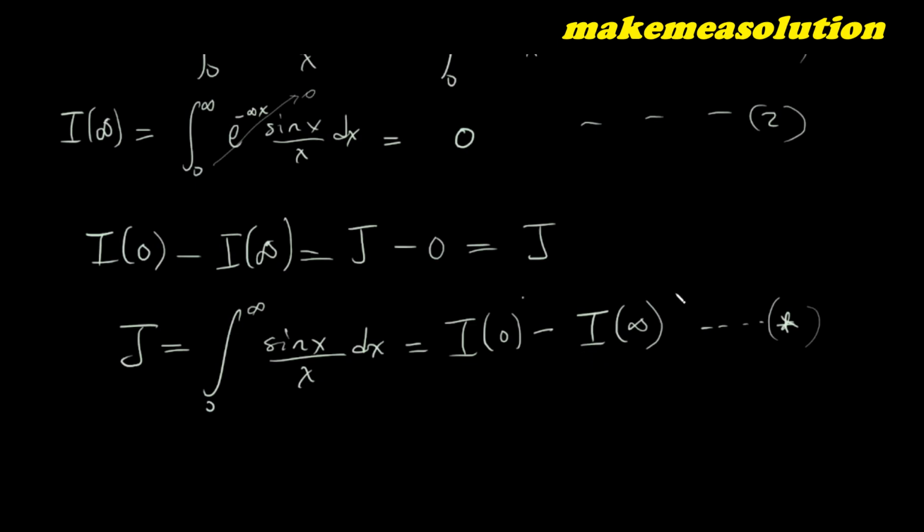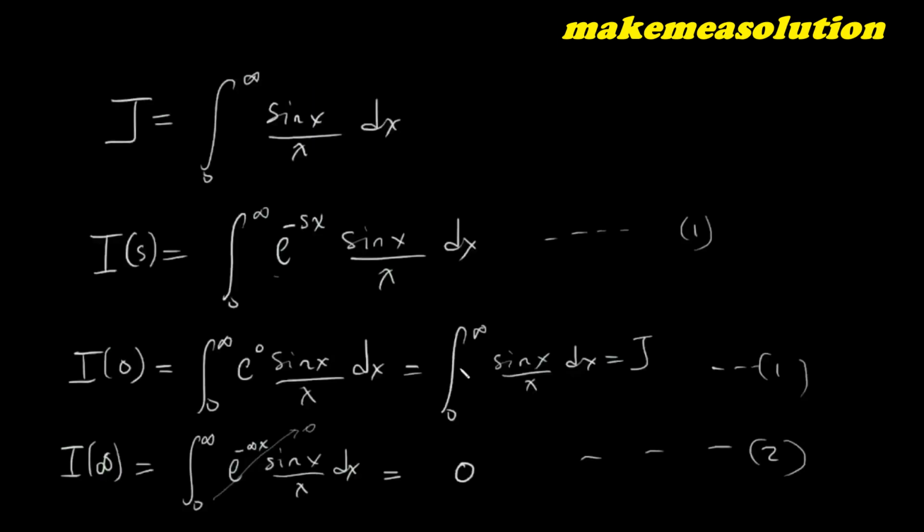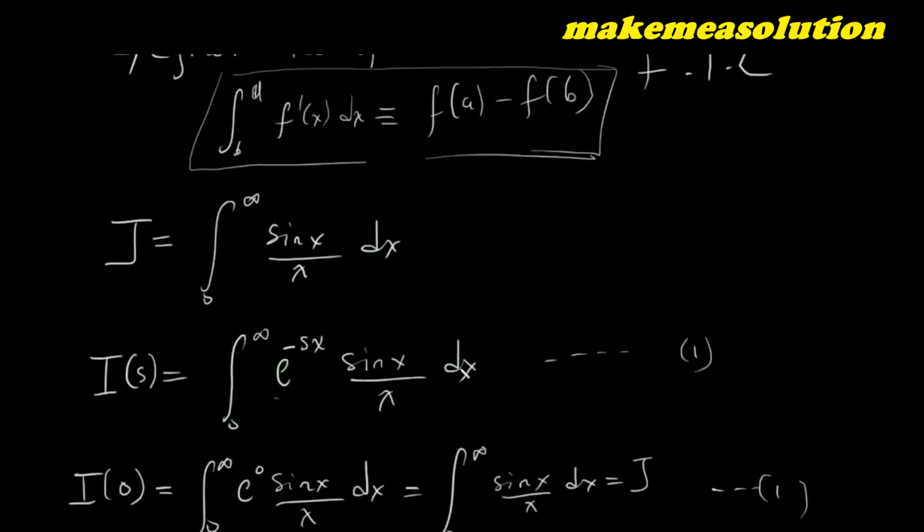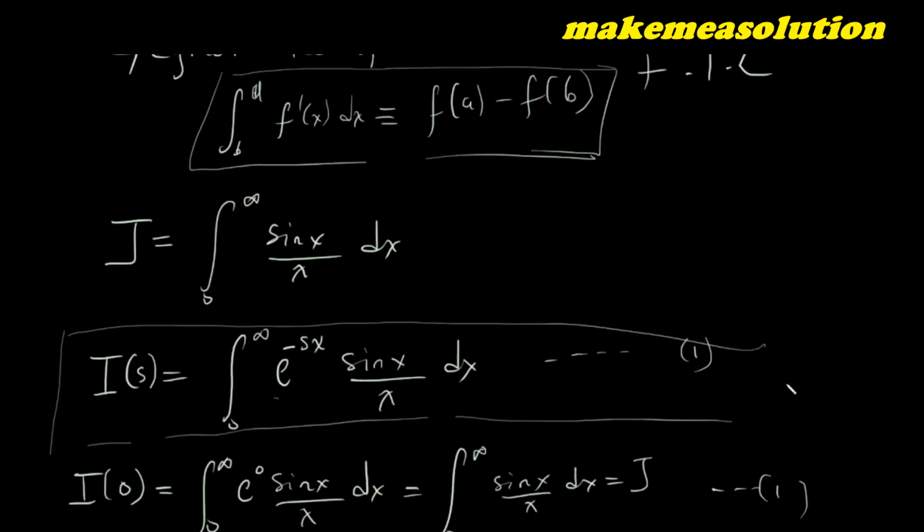But the most important thing is we're using our knowledge of this definition in equation 1 to do wonders. We're going to use this definition to find an expression for I of s.